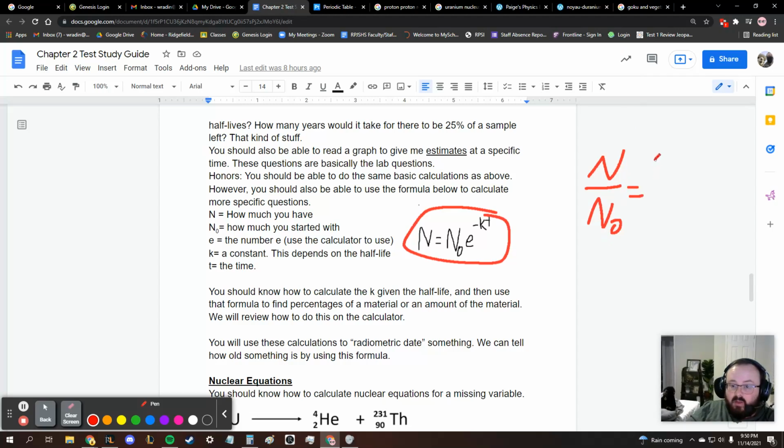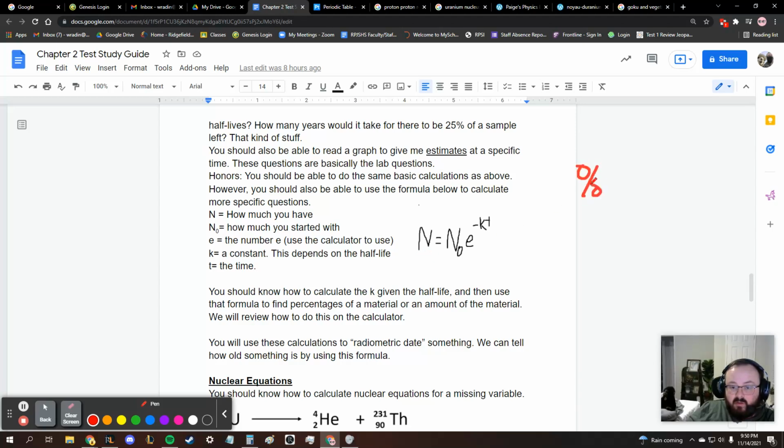If you started with 100 grams and you're now at 8, that's the same calculation as 8%. So you can make an imaginary sample of 100 grams, and however much you have is your percentage. When you see percentages, just know that that is N over N naught.